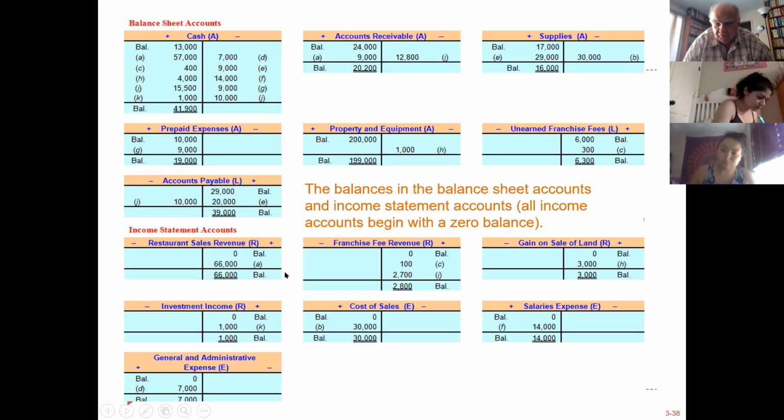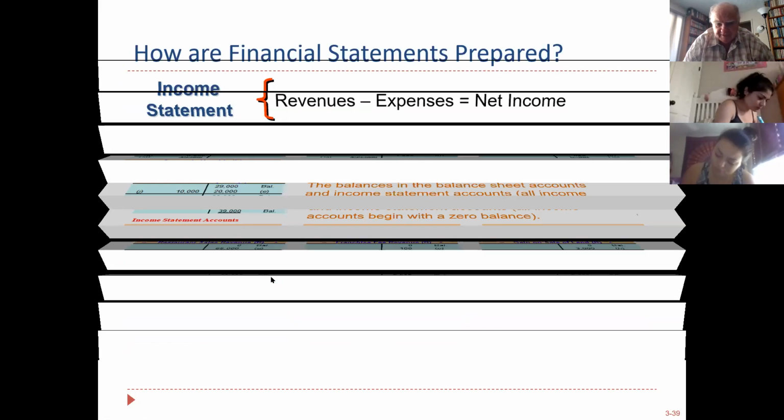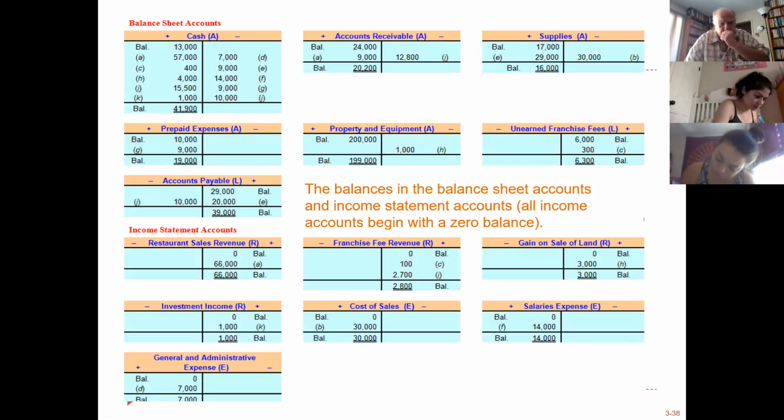Take a look at your two revenue pieces here. Excuse me. Restaurant sales, they had 66,000 in sales. They got some revenue from their franchisors, I guess, and they had some gains that were offbeat. We don't know what they are.